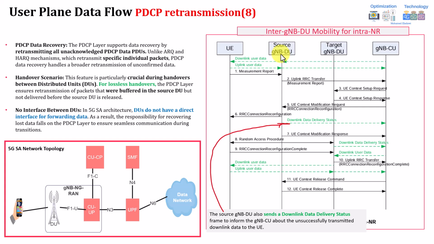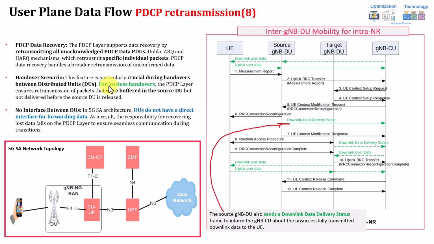It was being transmitted from the source itself, but it was not yet acknowledged by the lower layer. Once the handover is done, there is no data forwarding from the source gNB DU to the target gNB DU, because there is actually no interface between the gNB DUs.